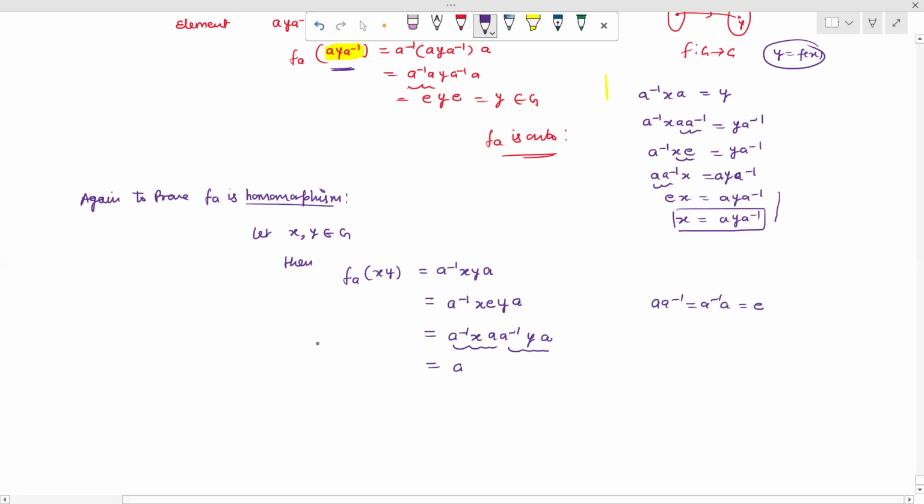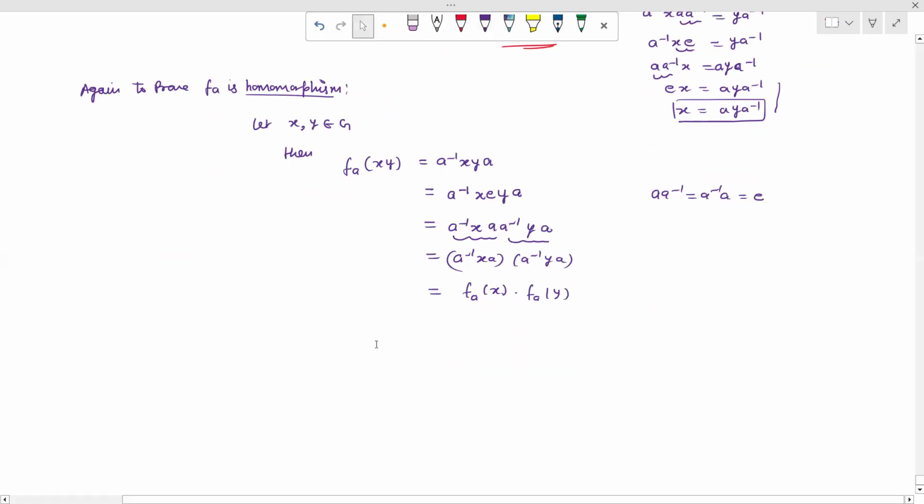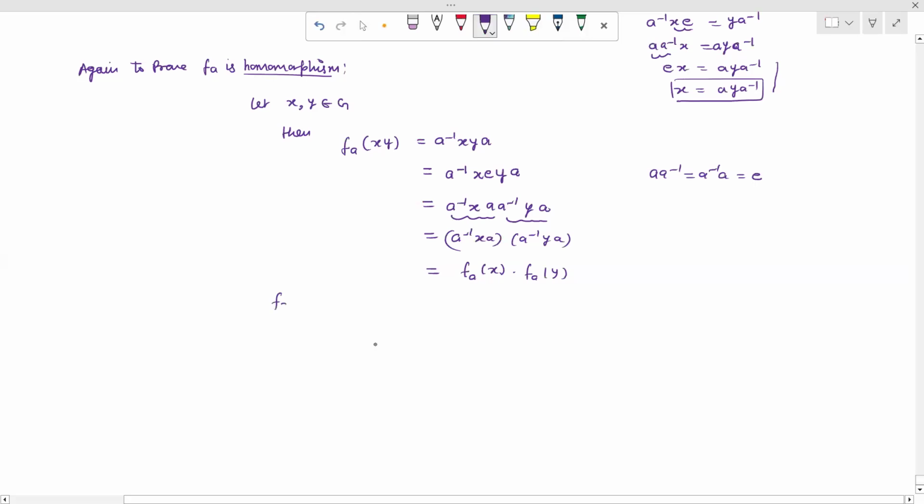So we can write down a inverse into xa, and second is a inverse into ya. So by the definition of the function, this can be written as fa of x into fa of y. So fa of x into fa of y. So it is clear that function fa is a homomorphism of group G. Then it is an inner automorphism.